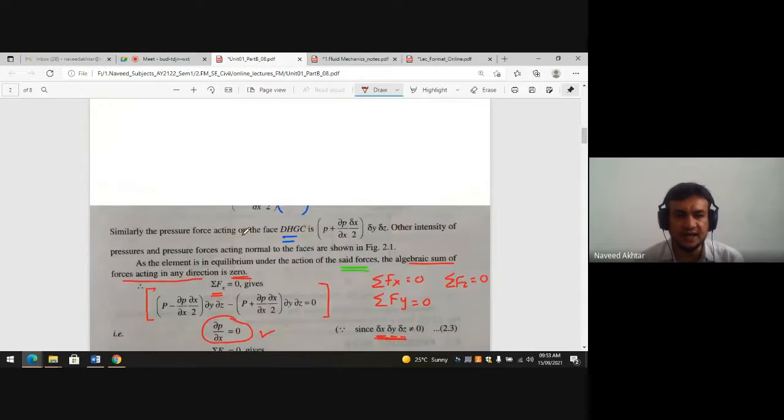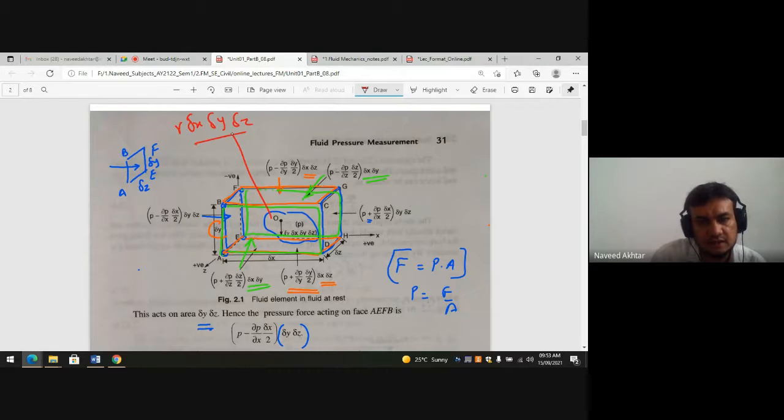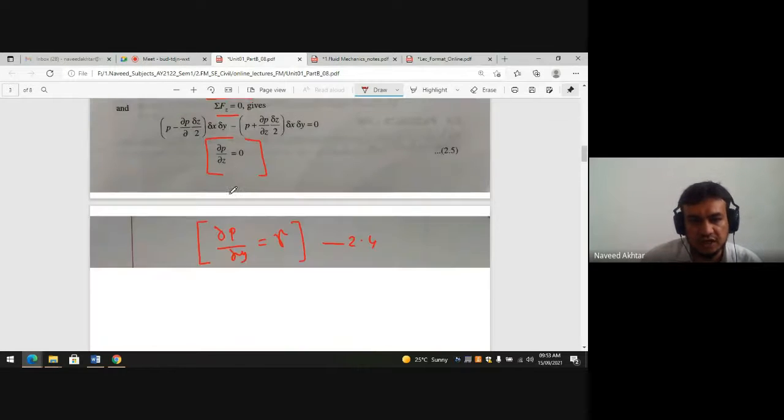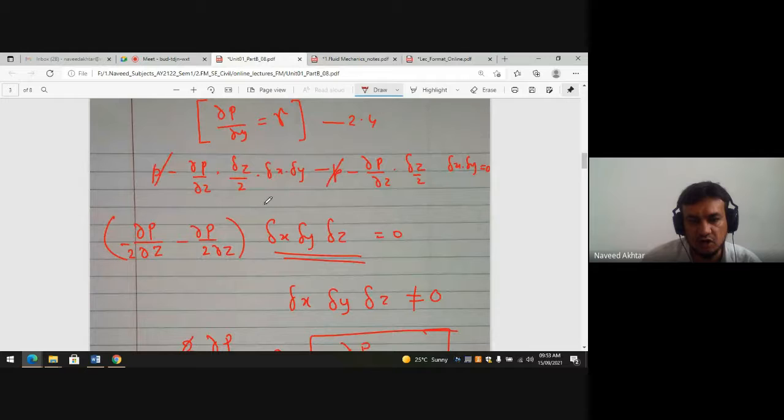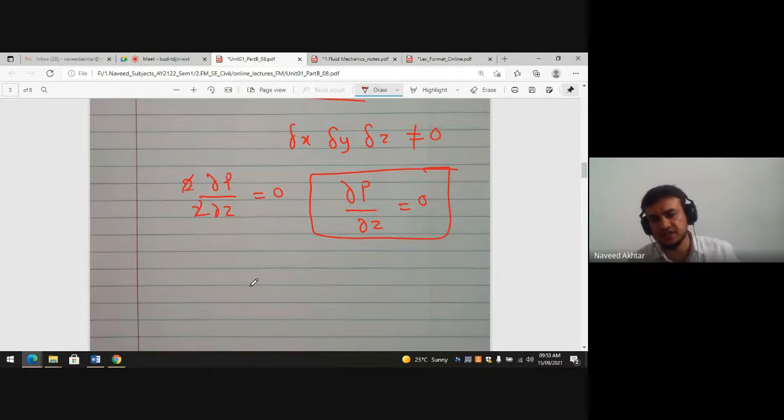But in the vertical direction, the y direction, because the self weight of the element is there, and the self weight of the element is nothing but gamma delta x delta y delta z. So as delta x, delta y, delta z are common, dou p by dou y is equal to gamma in the y direction.